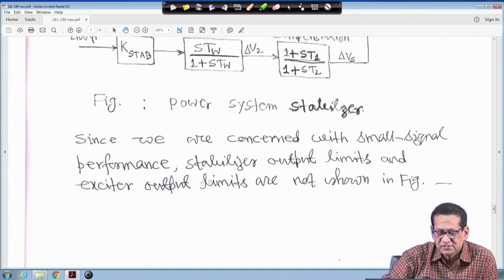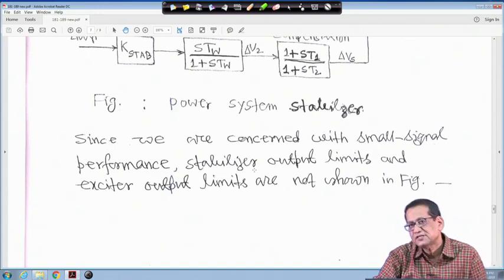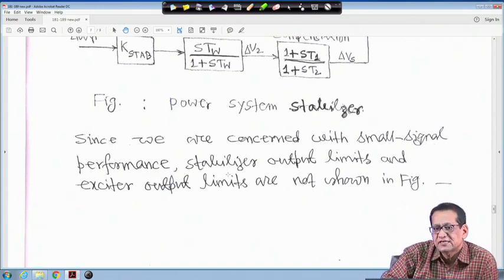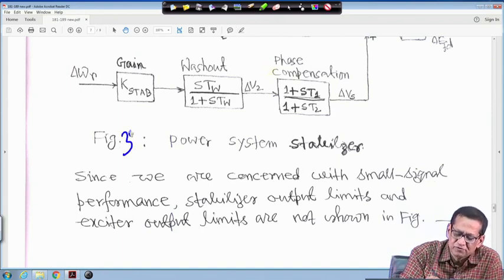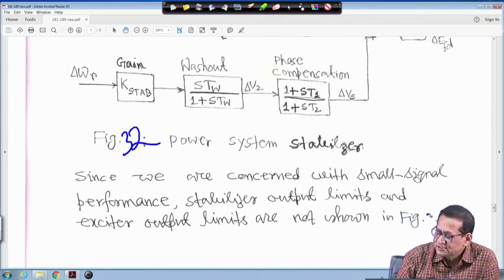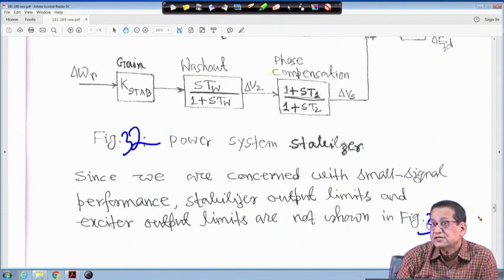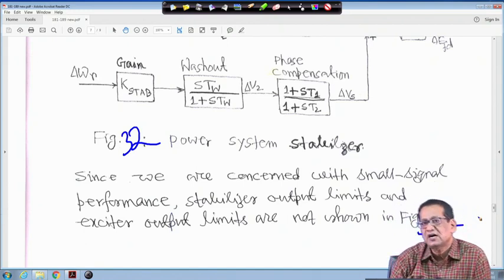Since we are concerned with small signal performance, because our objective is small signal stability, stabilizer output limits and exciter output limits are not shown in figure 32. This is figure 32, if I recall correctly, because the previous figure was 31.